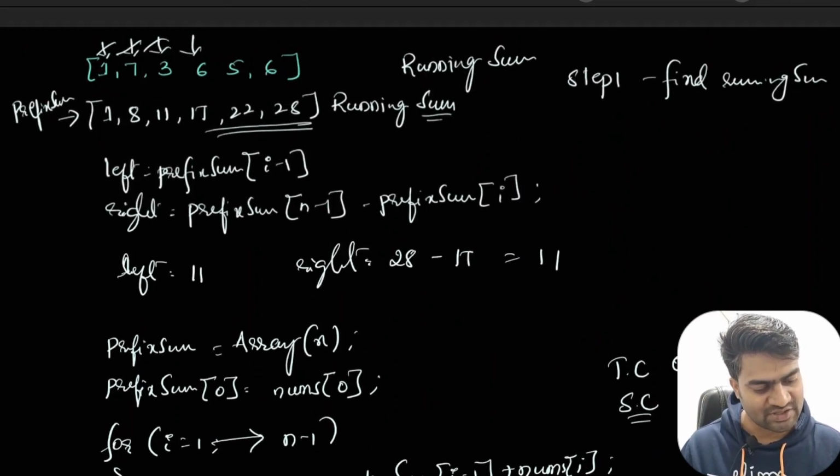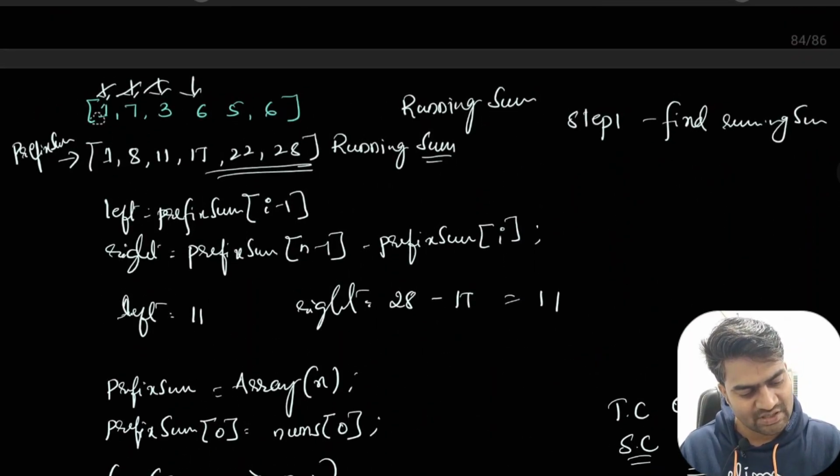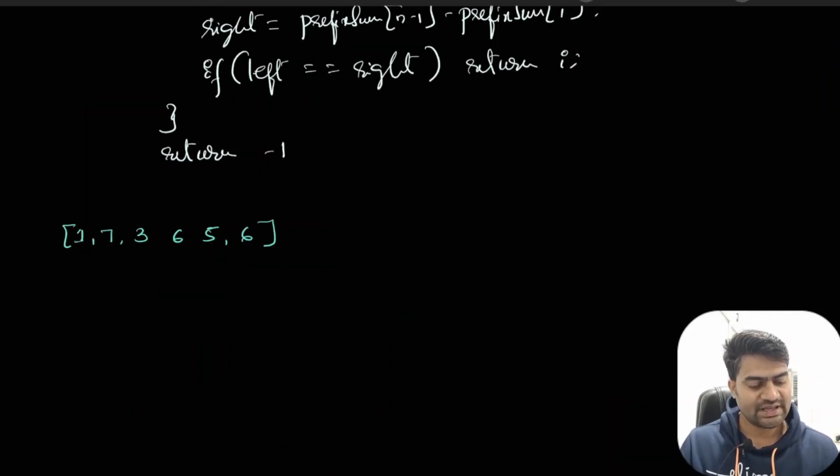So maybe what I will do, I will copy this. If you take this array, the left sum or the prefix sum, we can compute it while we iterate over the array, correct, right? How? When I am here, I will take this value as the prefix sum.